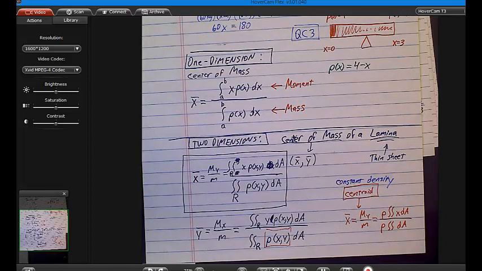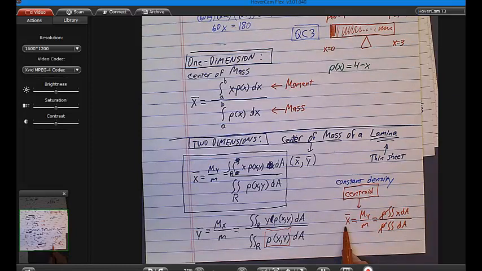And so what happens? Those are gone, right? So x bar you get by just doing the double integral. And by the way, what's this denominator? If you do the double integral over R of dA, what is that? That's the area, right?